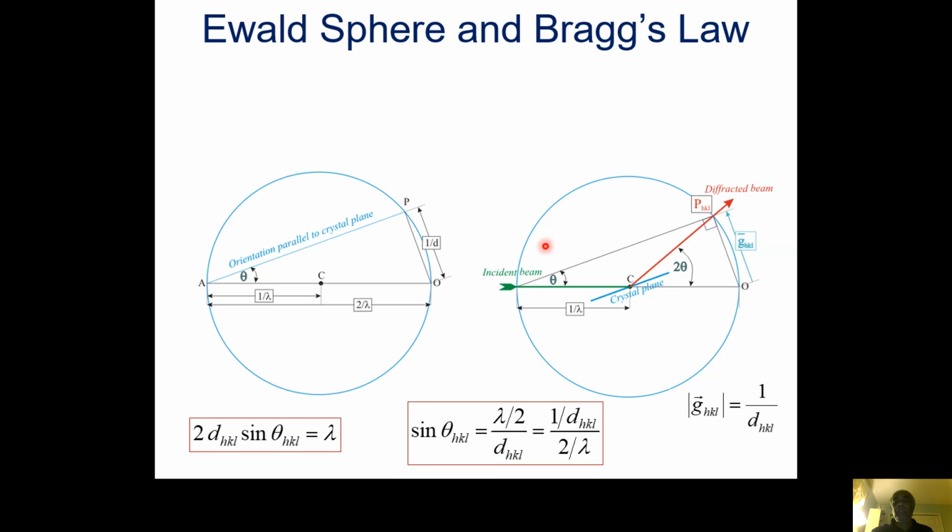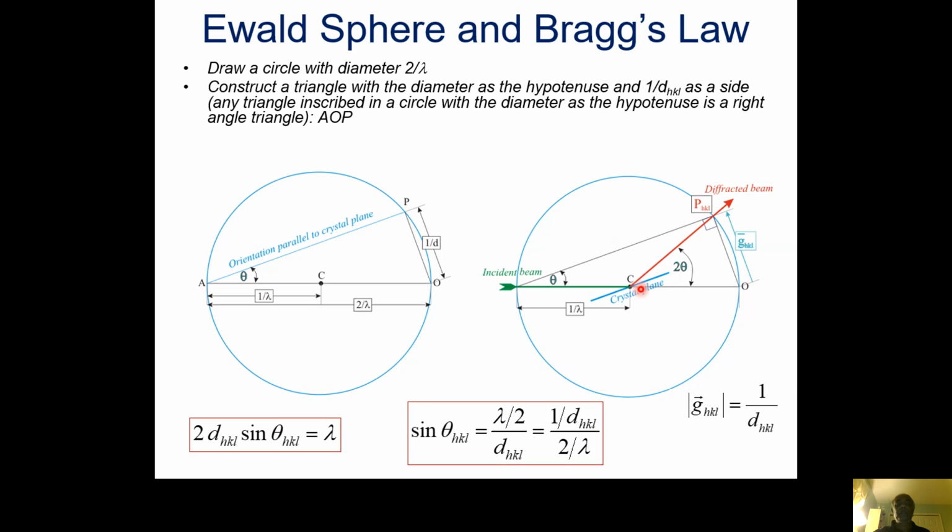The only thing to remember is this is your incoming wave K, this is your outgoing wave K prime, then K minus K prime is delta K. So delta K should be equal to your G. So the length of G is given by 2 pi over d. If you connect these two, you can get the crystal plane direction. Okay, so this shows you how to get this one.